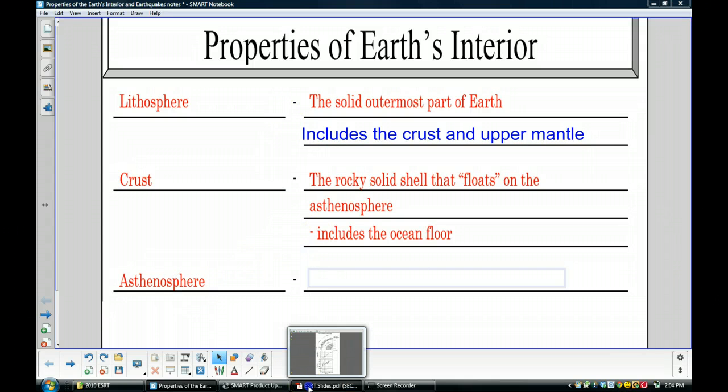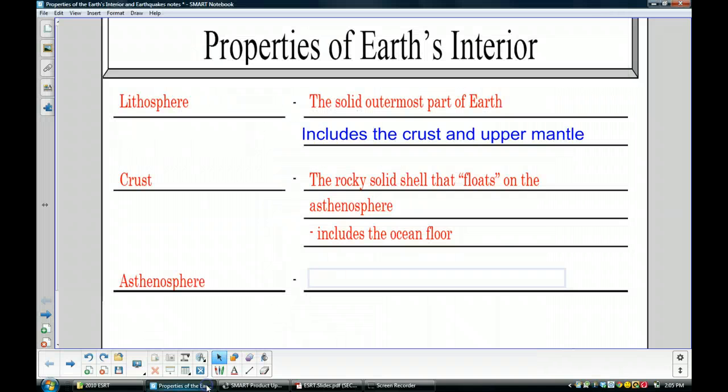If you turn to page 10 in your reference table, you'll see this. Here's the lithosphere. It includes the crust and the rigid mantle, and the asthenosphere is directly underneath that. So there's part of the mantle above the asthenosphere that's more solid, and together with the crust, we call that the lithosphere. When we talk about the lithospheric plates later on in the unit, that's what we'll be referring to.